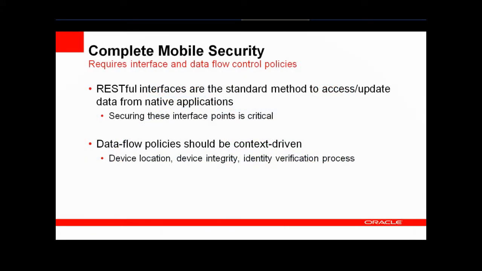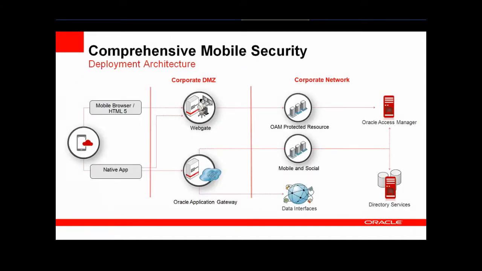Again, this is coming back to API security. Obviously, what we are allowing you to do is extending security from a mobile device, from a typical single sign-on, into protecting your API calls, right? So this is the typical architecture there from a mobile app, either through a native app or a mobile browser.